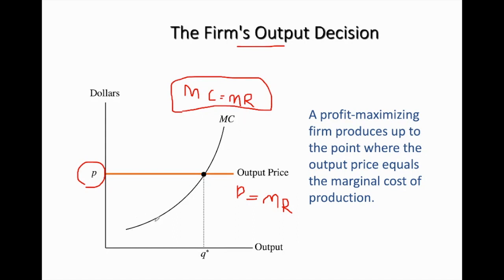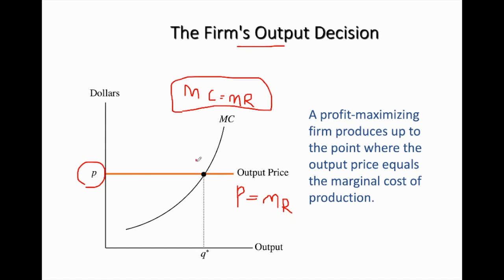And this is the typical marginal cost curve. And over here, this is the demand curve for the firm, which also gives us the price level and indicates the marginal revenue level.